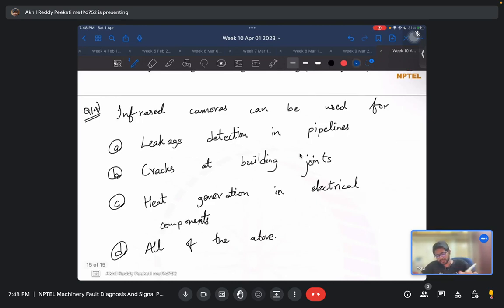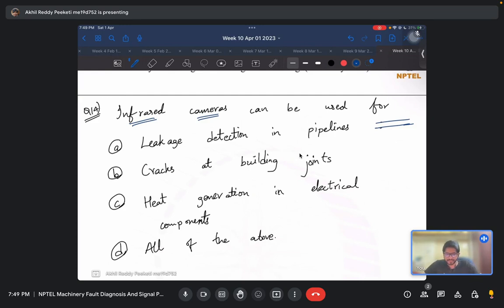So infrared cameras, you basically can detect the variations in the temperature if there are any differences, like let's say some part of the unit is at 25 but some parts are at 50 or lower than that. You can actually detect those variations in temperatures using infrared cameras. Now if there is a leakage in pipelines, so you have a pipeline running and then there are some leakages.